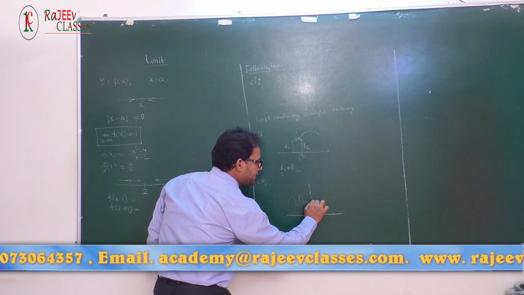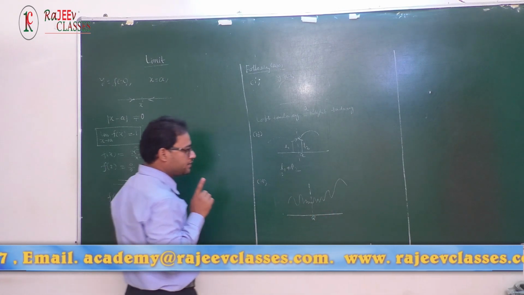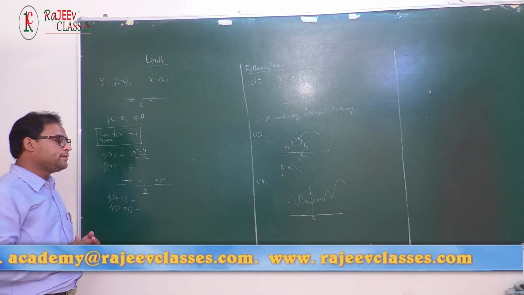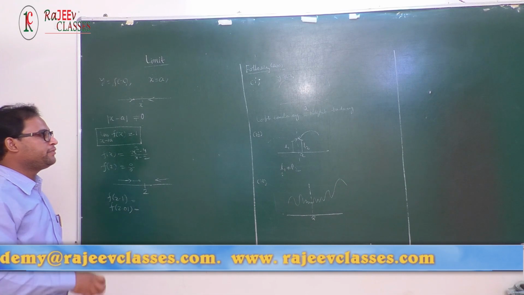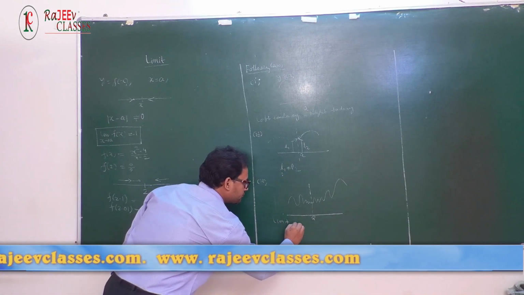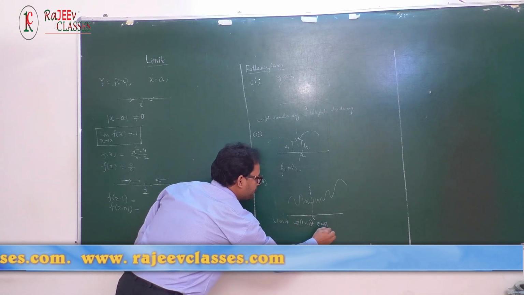That means it is oscillating, and we cannot say in which value the function is moving. In that case, since the function shows erratic behavior, we can say that the limit will not exist.